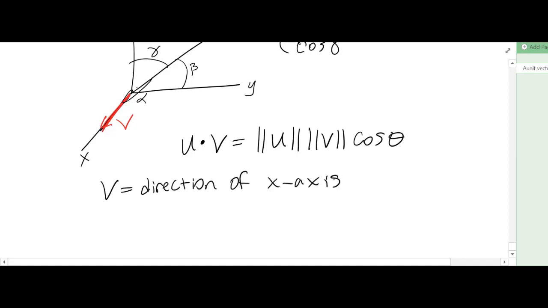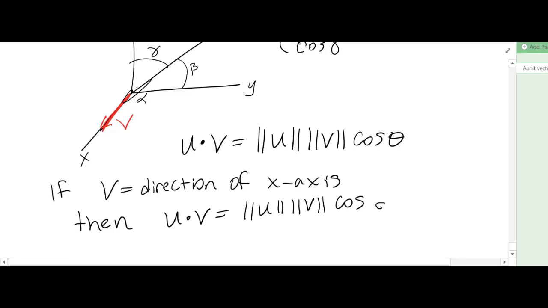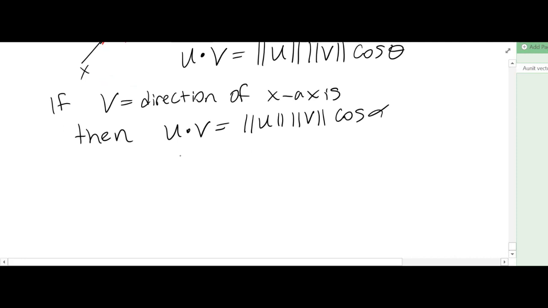Then u dot v is the magnitude of u, magnitude of v times cosine of alpha. So you can solve for cosine of alpha. It's u dot v divided by the magnitudes.